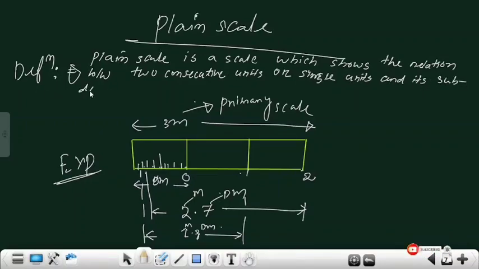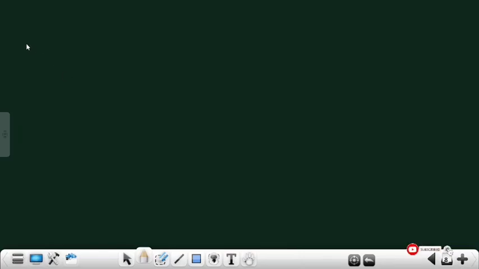Okay, this completes the theory portion of plane scale. Next we have to solve one question.